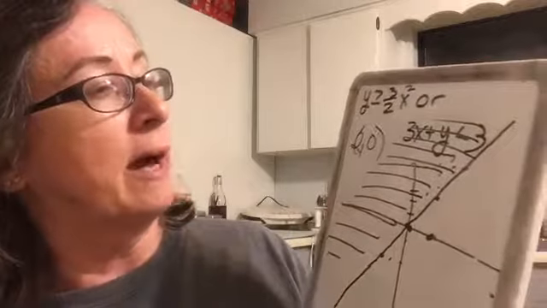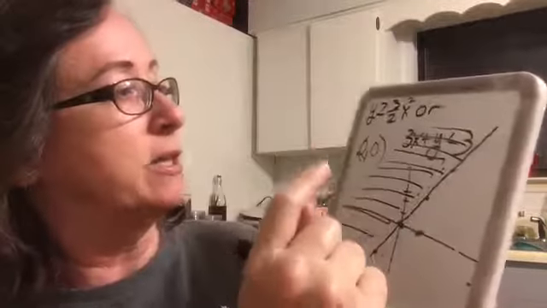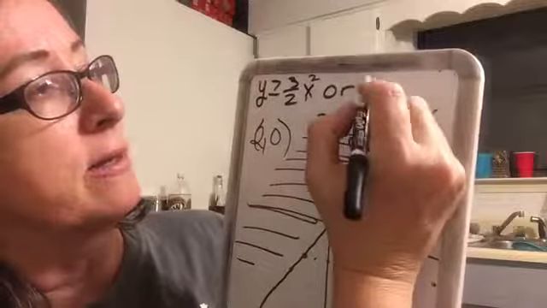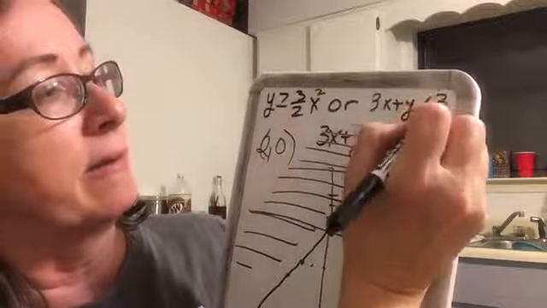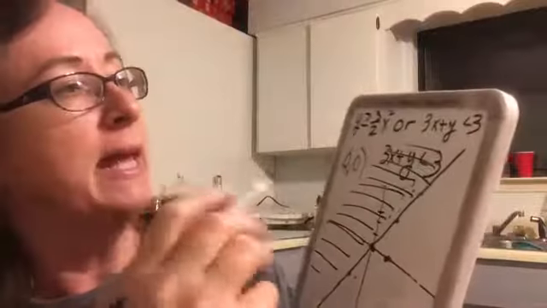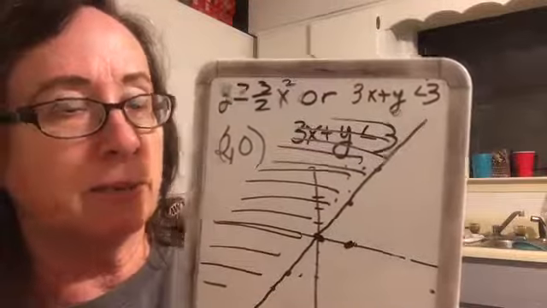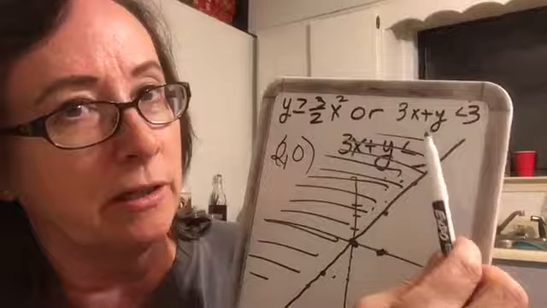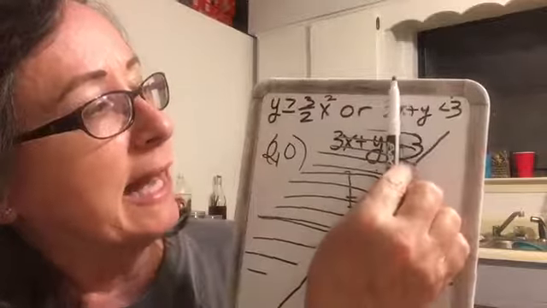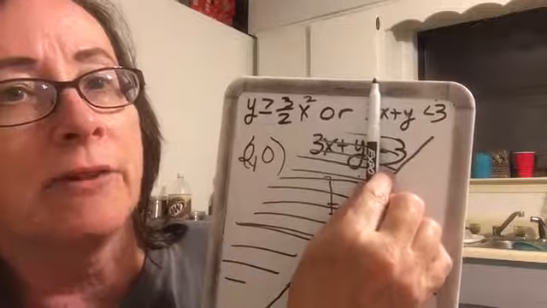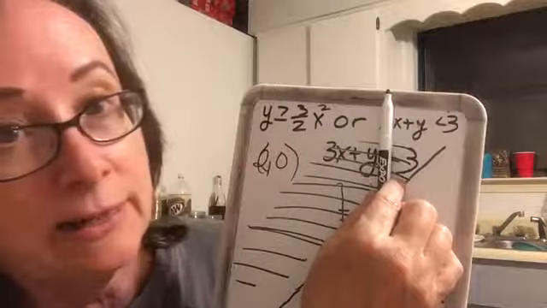Okay, so I just obliterated my equation, but it is 3x plus y is less than 3. I'll copy it again. And let's do this one by first using our x and y intercepts. If I let x be 0, cover that up, then y is 3.